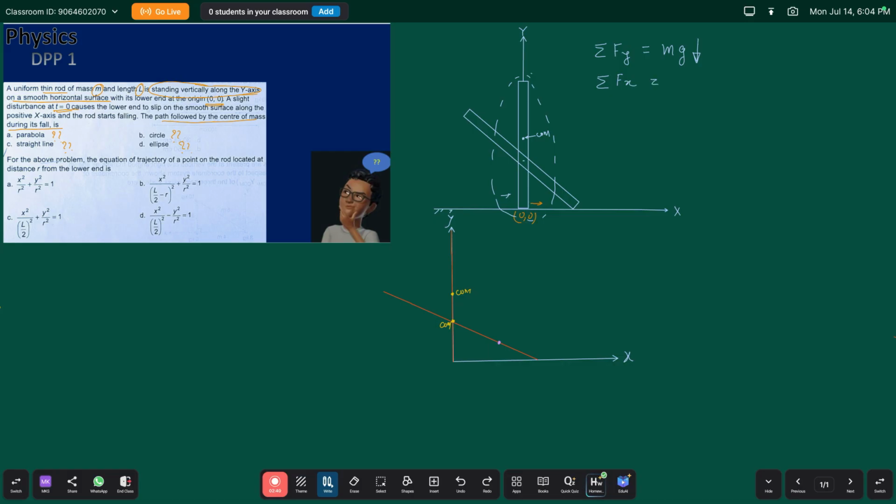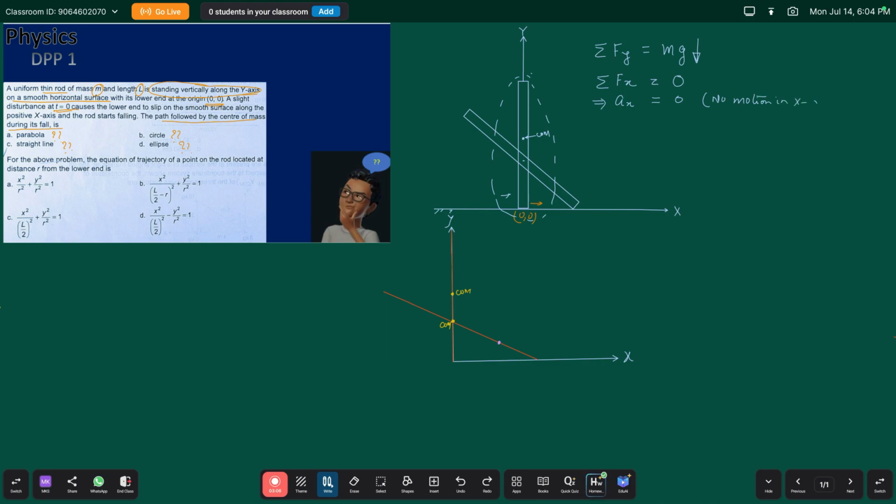There is no force acting on it in the x direction because the disturbance was given and left. It was not continued. The summation of the force in the x direction is 0, meaning acceleration in the x direction will be 0.